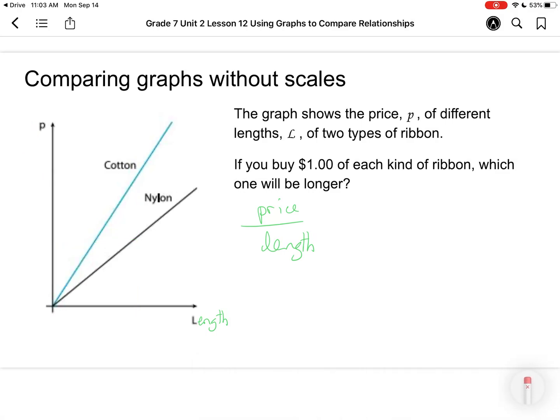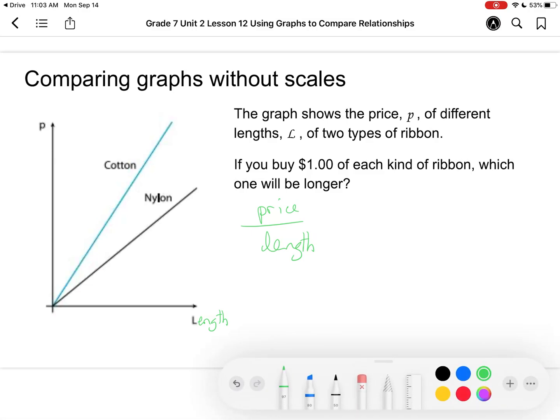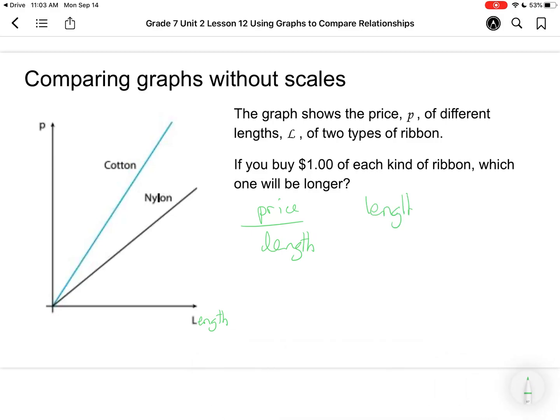So let's start over, and we can't just look at steepness of lines because we're not looking at price per length. We are looking at length per price. So I'm going to pick a price, say here, and look at my length of cotton, which goes to here, and my length of nylon, which goes to here, and I can see that the nylon is longer.